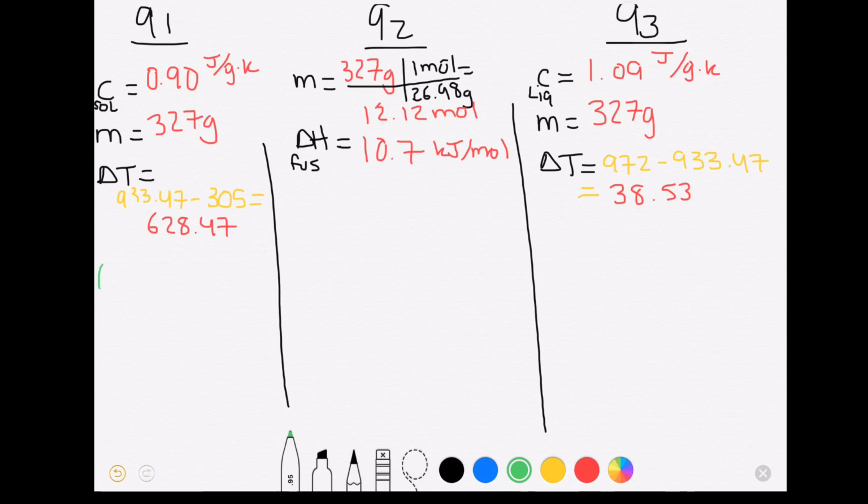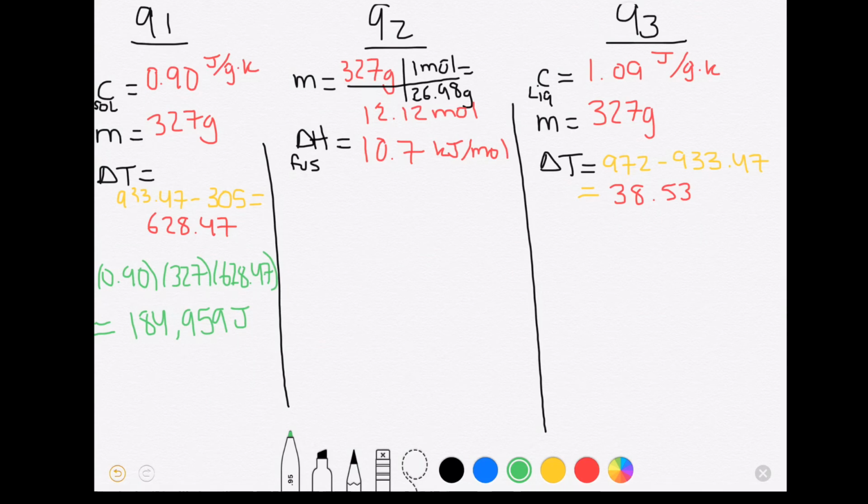So that's going to be 0.90 times 327 times 628.47, and that is going to give me a total of 184,959, and my units on this problem, if I do the math right on the units, will be joules.